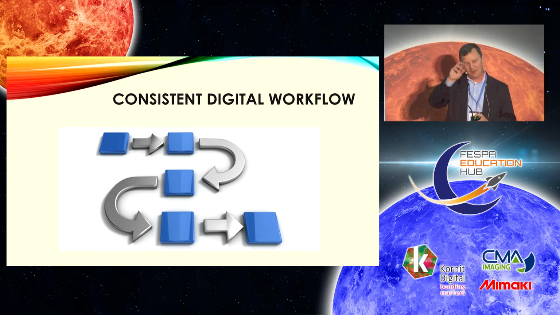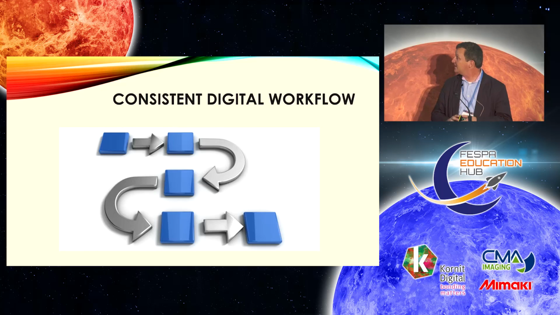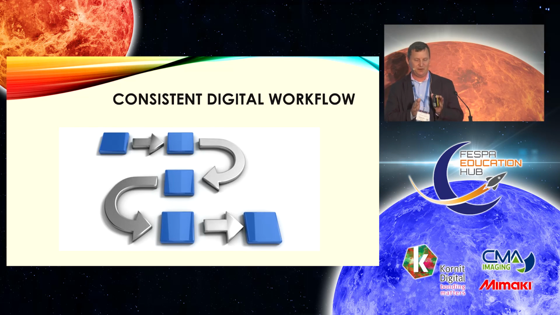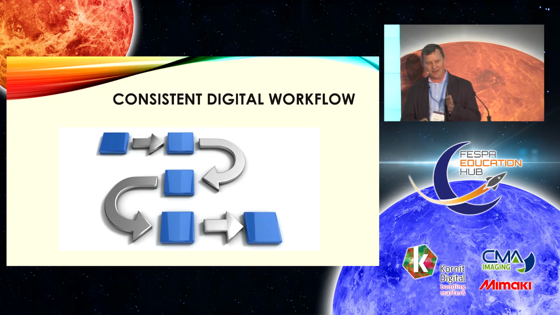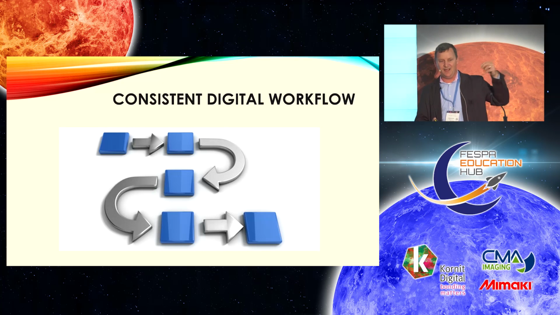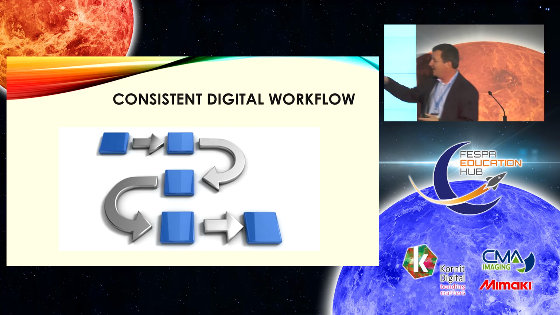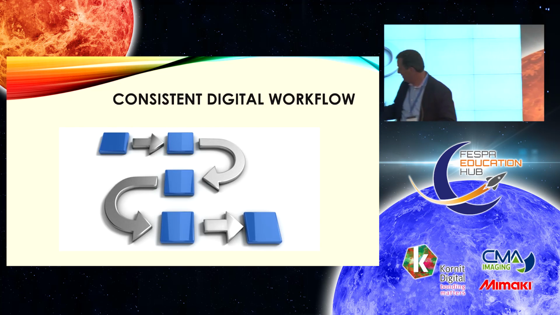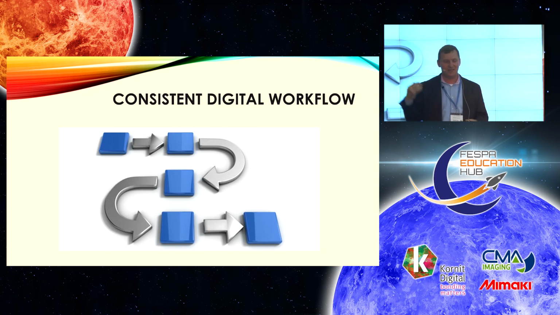Another element up there for color calibration was a consistent digital workflow. You want to know, now that your printer's calibrated, and you know that I'm going to put value X in, I'm going to get value X out of the printer. Now I need to start looking at the files that I'm putting into my RIP. Do you have an operator that's taking the file straight from here down to this step, and he's missing some steps through there?